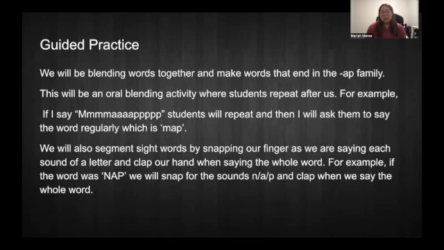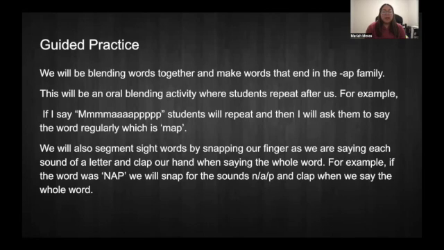We are going to be blending words together and making words that end in the at family. This is going to be an oral blending activity where you guys will repeat after me and Mr. R. So watch me, and then I'll ask you guys to repeat with me.